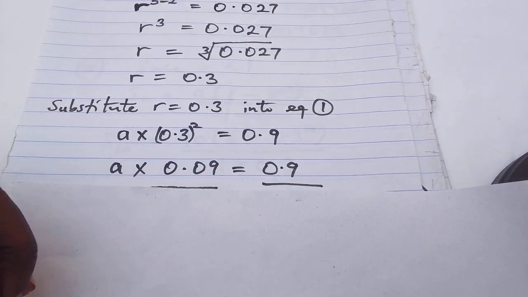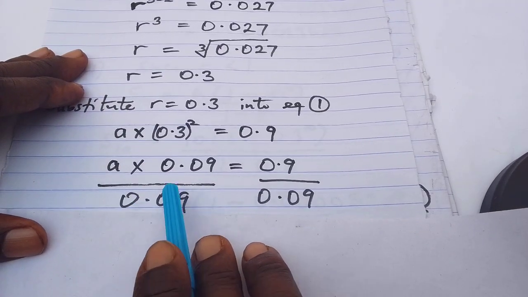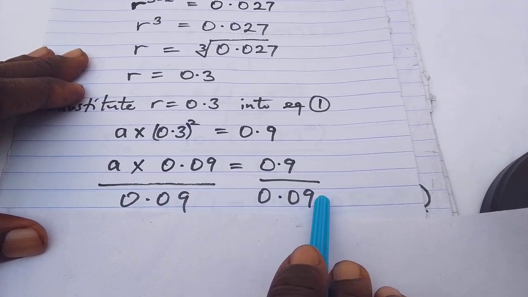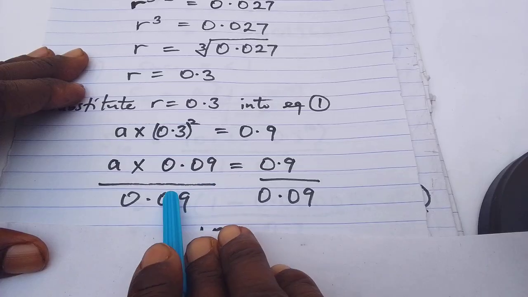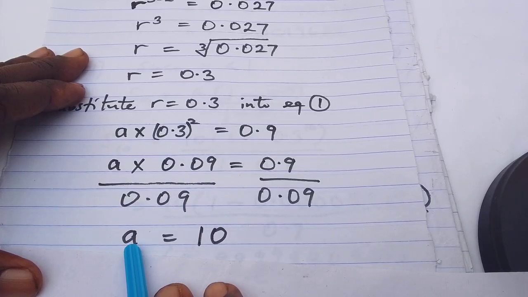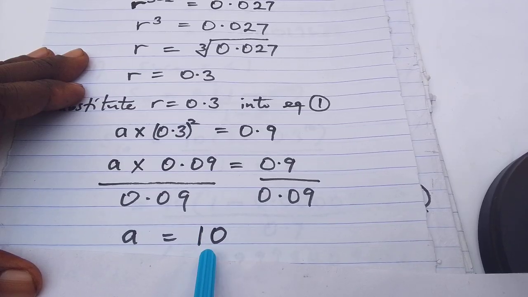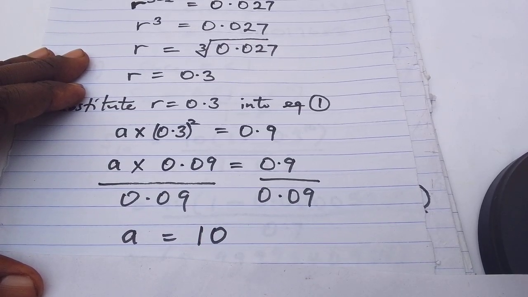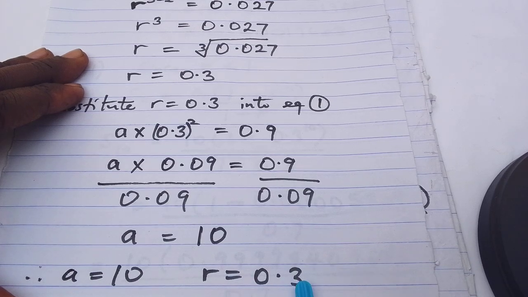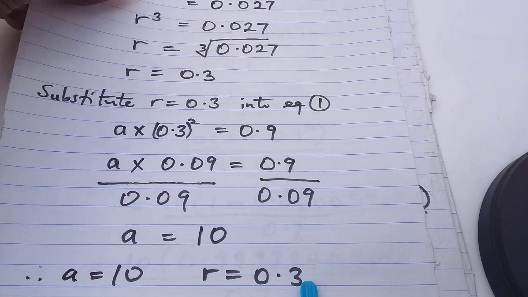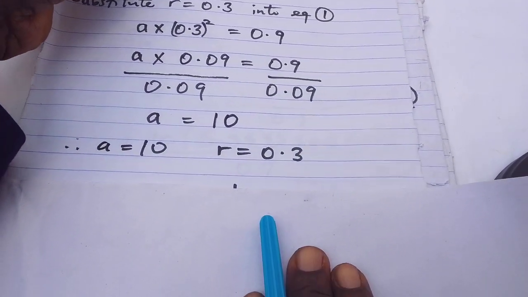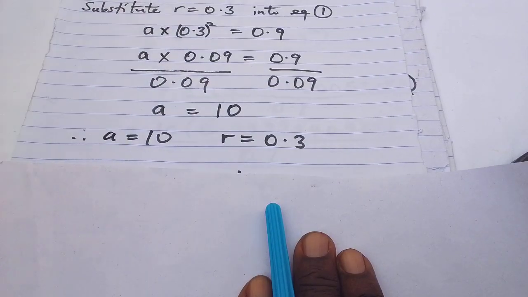When you divide both sides by 0.09, 0.09 will cancel 0.09, leaving a. So a is 0.9 divided by 0.09, which is 10. So your first term is 10 and your common ratio is 0.3.